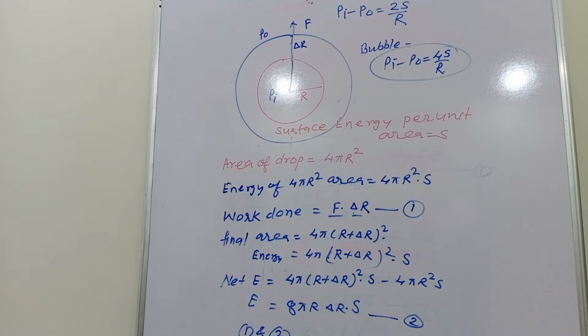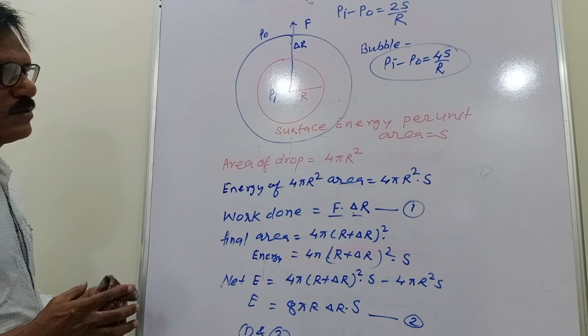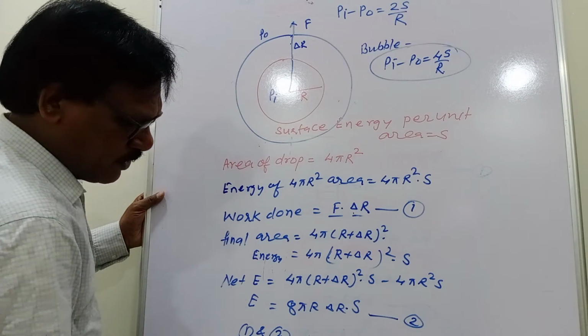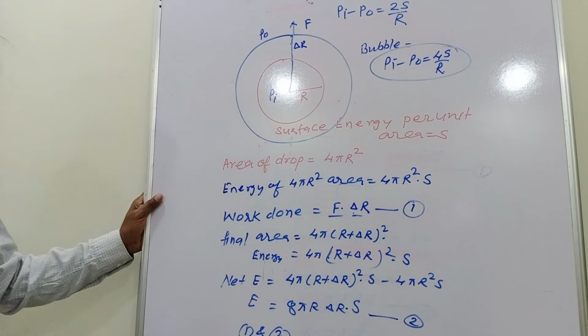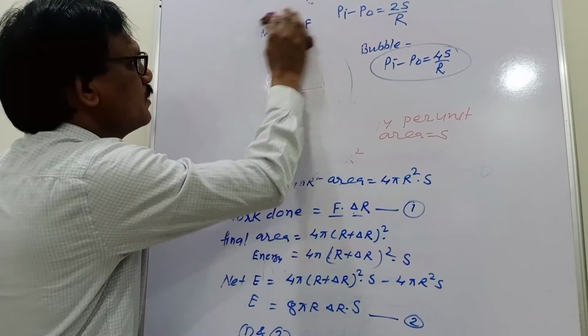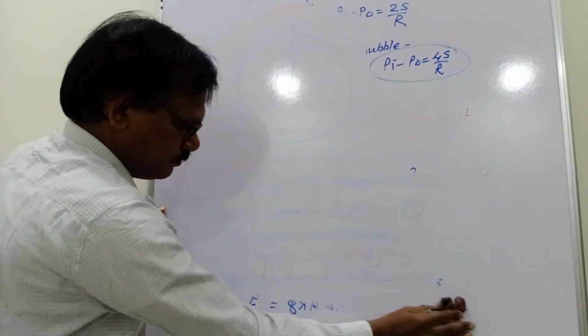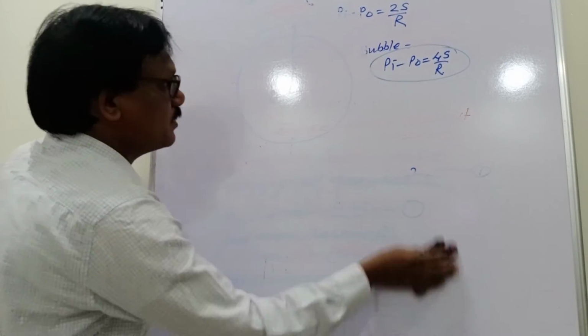Now that we have covered surface tension, we will define the angle of contact. What is the angle of contact and how is it related to capillary rise? The angle of contact is nothing but the angle made by a tangent.